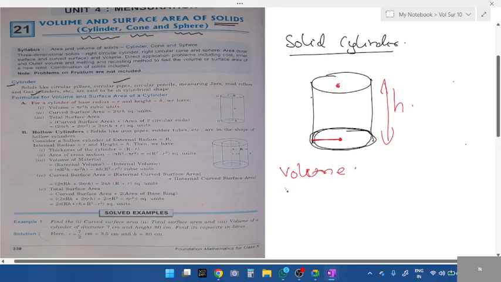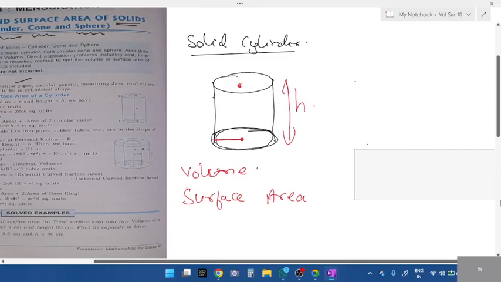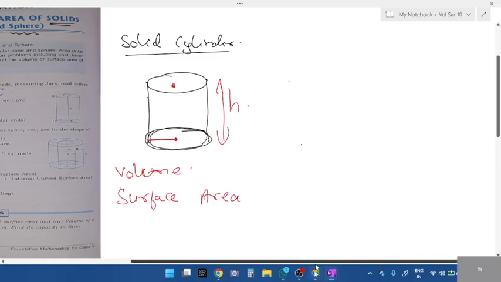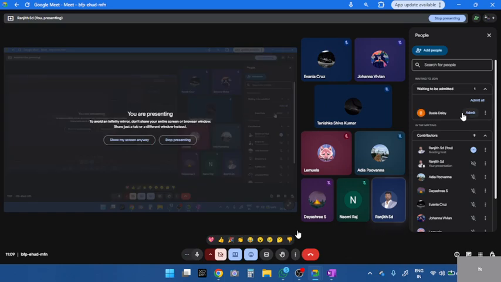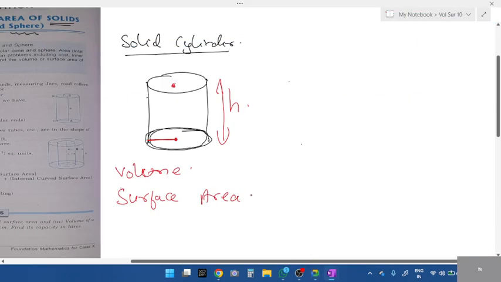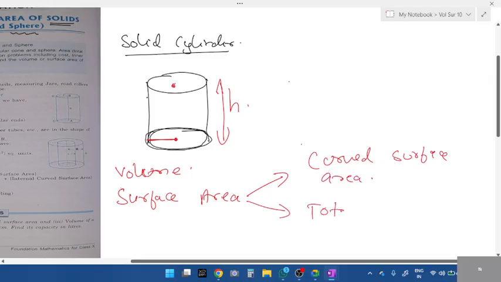and when we talk about surface area, there are two types, students. One is curved surface area, also called lateral surface area, and the other is total surface area.